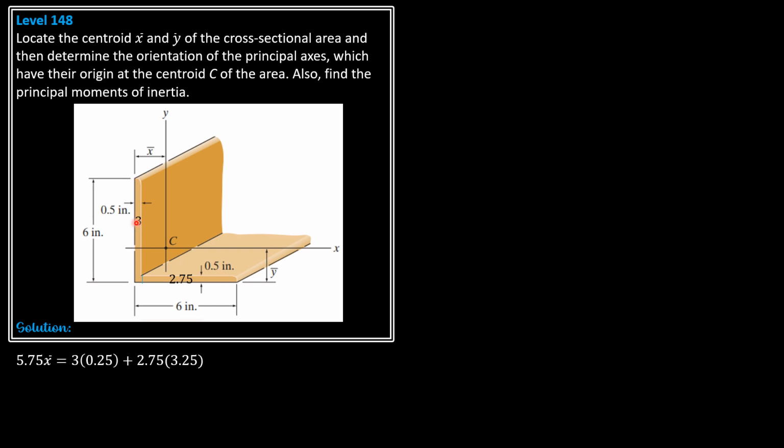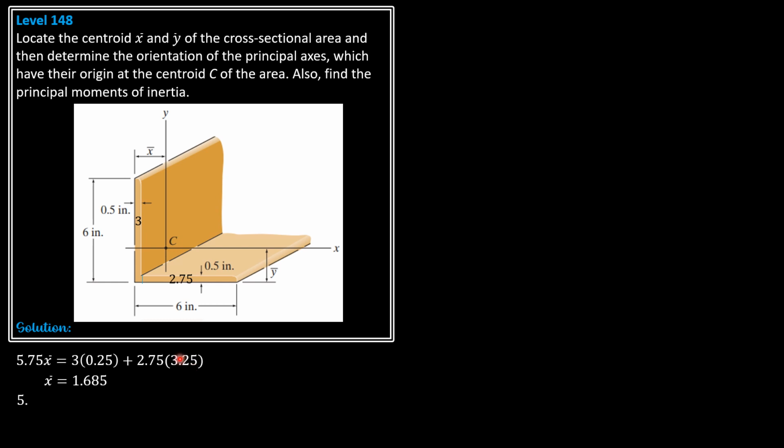Of course, 0.25 is half of 0.5 for the vertical rectangle. And for this horizontal rectangle, since its length is 5.5, divided by 2 is 2.75 from this point here. So 2.75 plus 0.5 from the left edge. That's why we have 3.25. X bar therefore is equal to 1.685 inches.